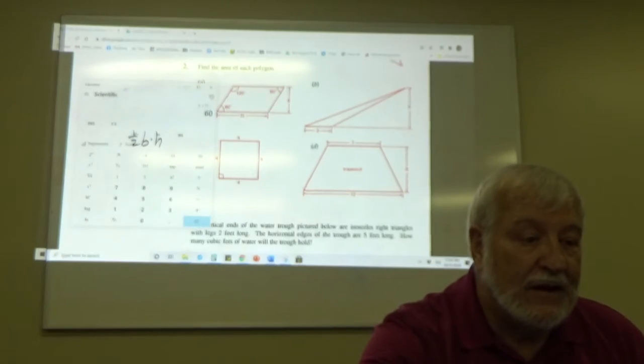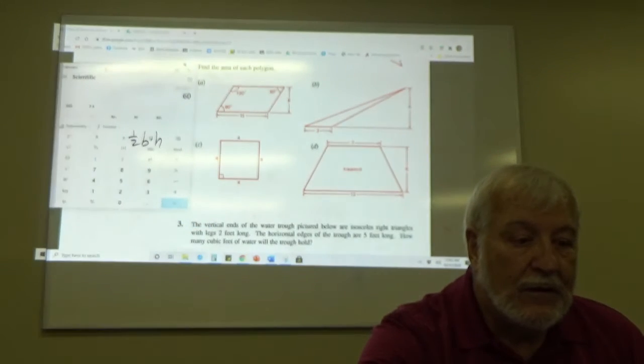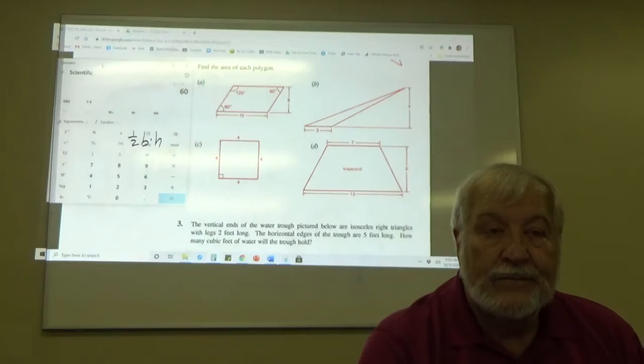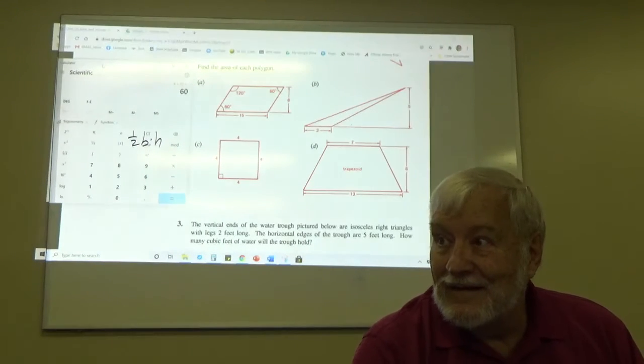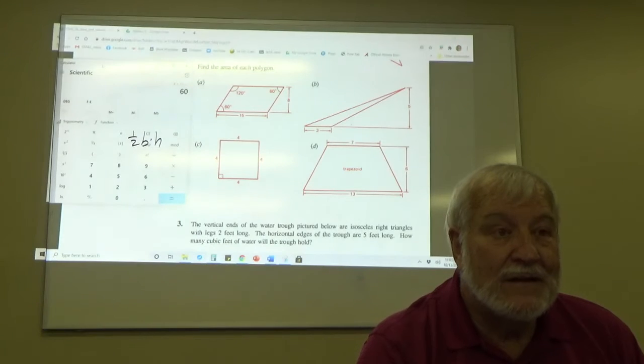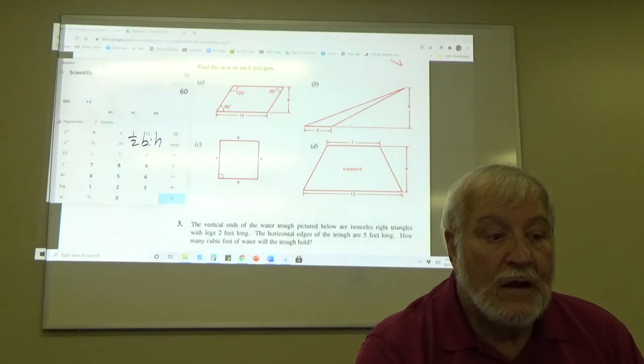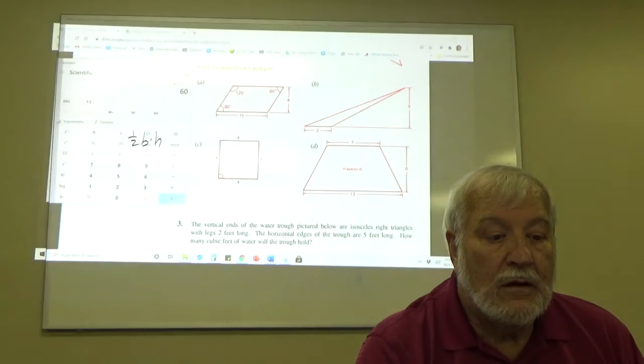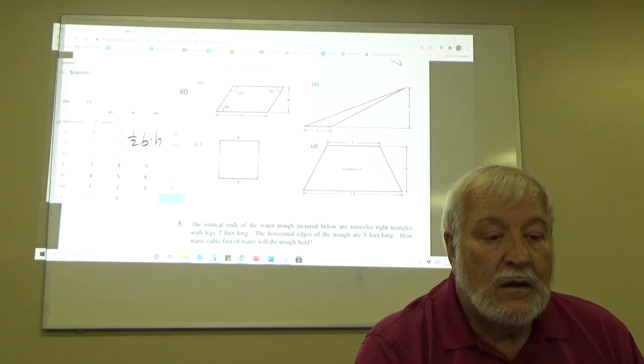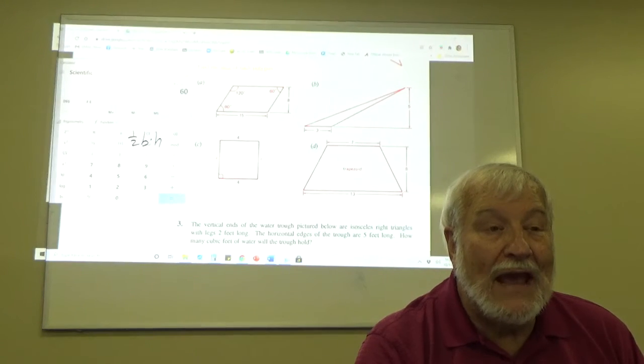Agree or disagree? No, because that's not a triangle. What did I do? I took one half base times height.